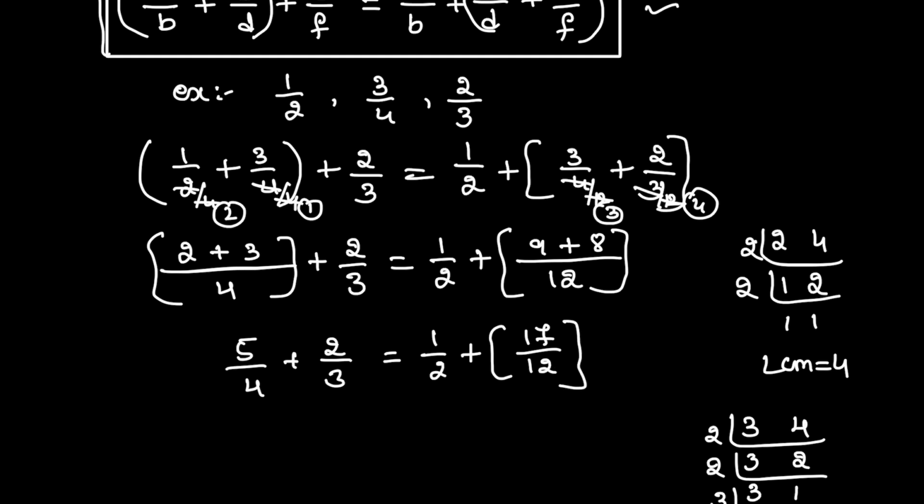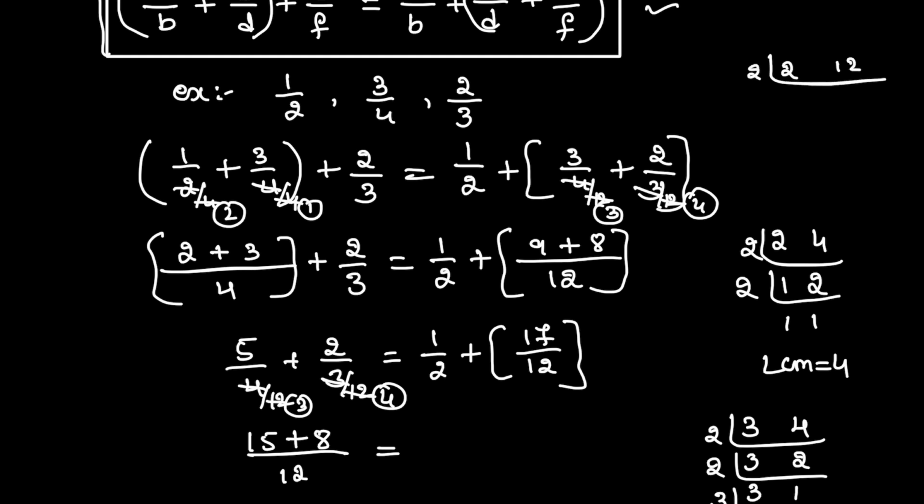For 4 and 3 we already calculated the LCM, so we will take 12 directly here. Again we divide by 12: 4 threes are 12, 3 fives are 15, plus 4 twos are 8. And for 12 and 2, we take the LCM, which is 12.